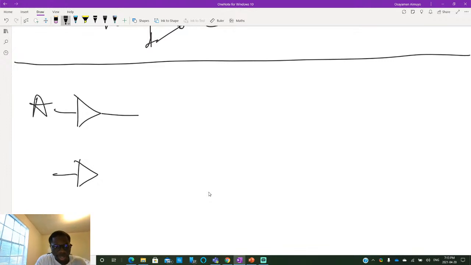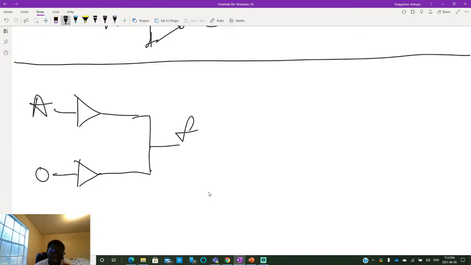Let's say we have some input A. This input is 0, and then F. So now notice that we're combining two outputs to yield F. With that being said, it's not possible for you to get a coherent value if the outputs of both buffers differ.